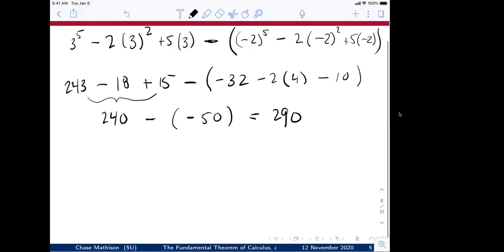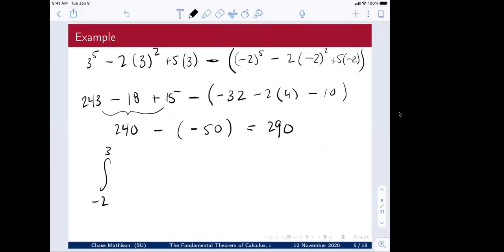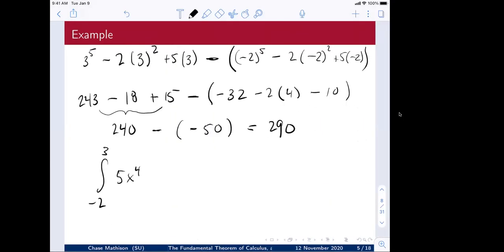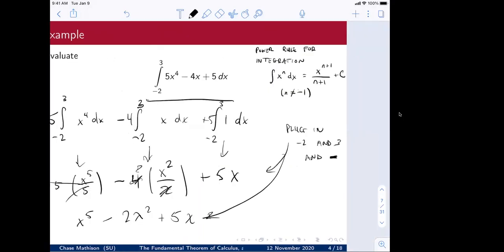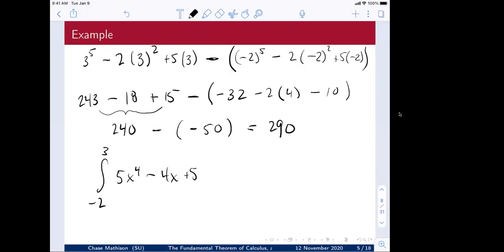Okay, so by the fundamental theorem of calculus, the integral from minus 2 to 3 of 5x to the 4th minus 4x plus 5 dx is equal to 290.